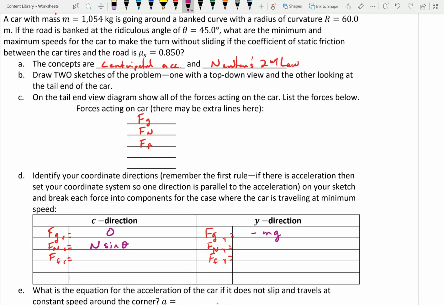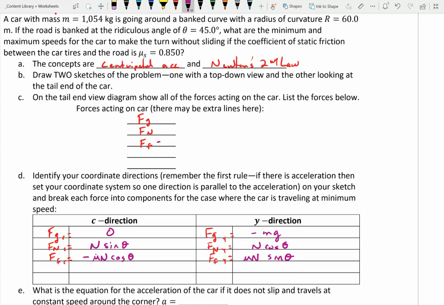And in the y direction, it was also positive and cosine theta. And finally, the force of friction in the central direction was negative. I'll put mu n because that's what the force of friction is, cosine of theta. And the y direction, it was positive mu n sine theta.